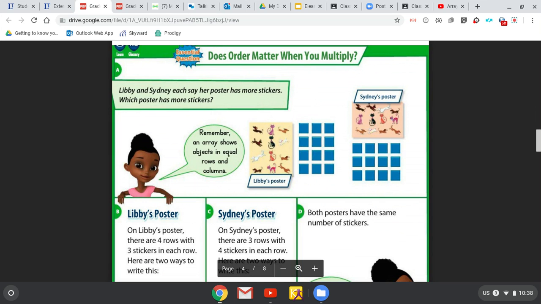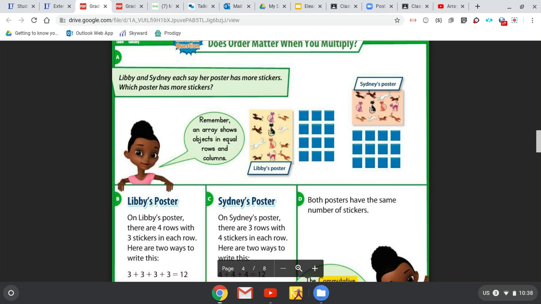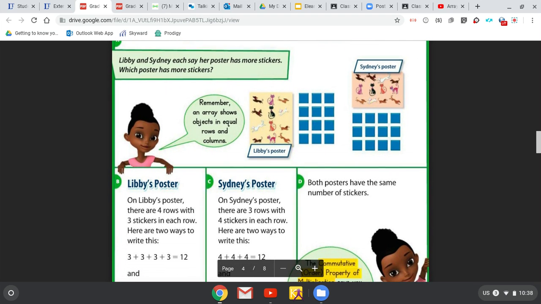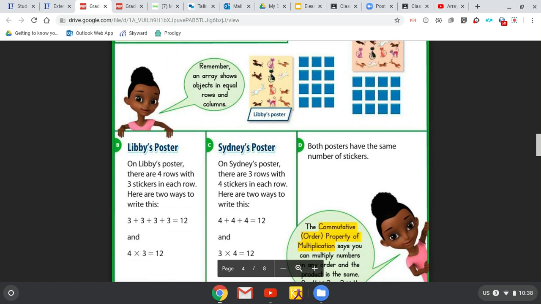Today's question is, does the order matter when you multiply? And we're going to be looking at the model called arrays. On this page, you have Libby and Sydney, and they are showing you some arrays of their posters. Okay?